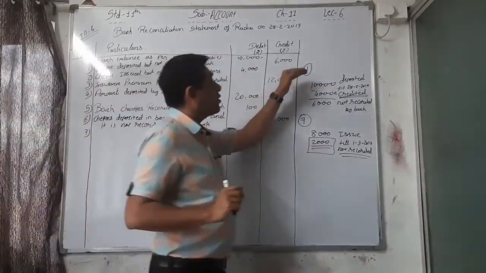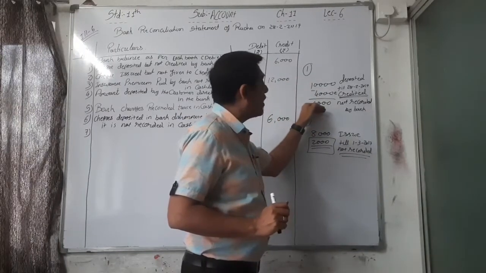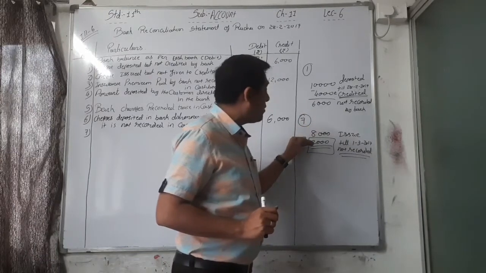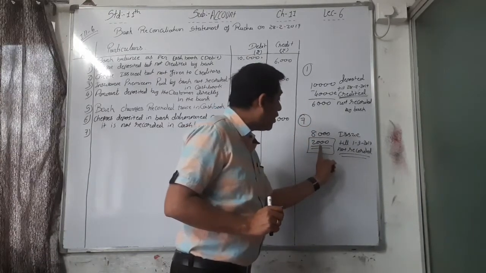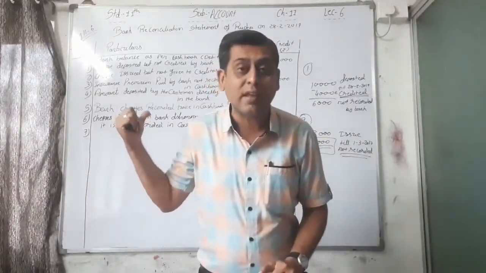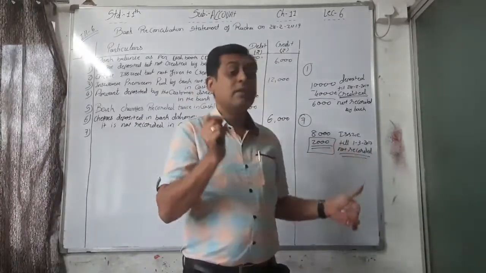Here 10,000 and here 4,000 is credited. So the remaining amount is not recorded, not credited. Here 8,000 is given, but the 2,000 directly, the amount that is not recorded, we have to record in the bank reconciliation statement, and that amount is directly given in point number 7.